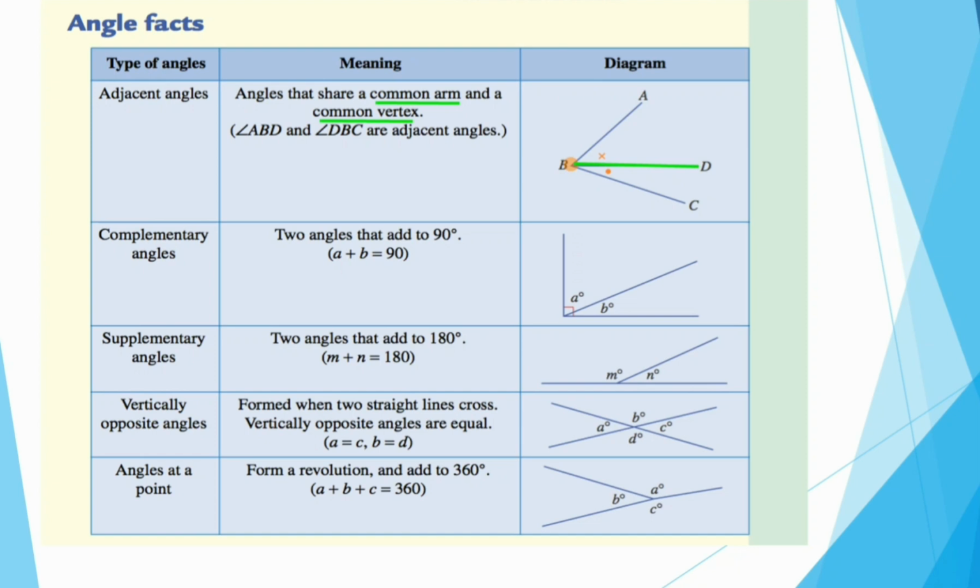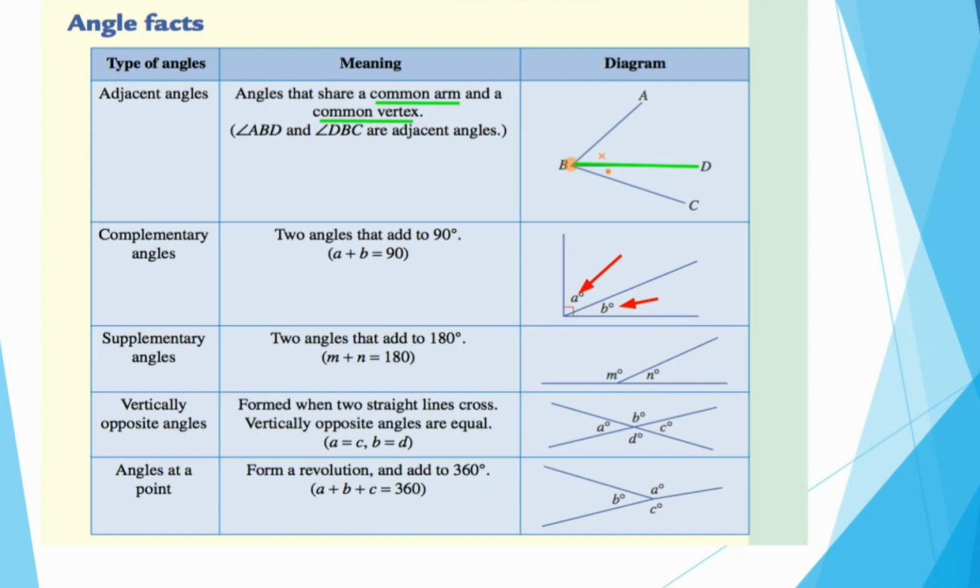Now, what are complementary angles? Complementary angles are those which add to 90 degree or whose sum is 90 degree. So, two angles whose sum is 90 degree are called complementary angles. Now, in this figure here, these two angles, angle A and angle B, their sum is 90.